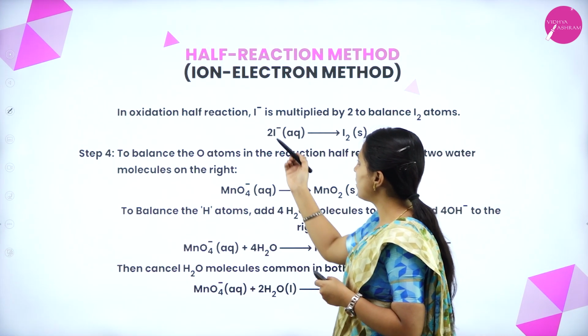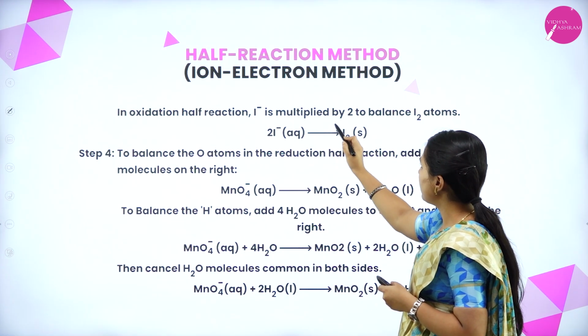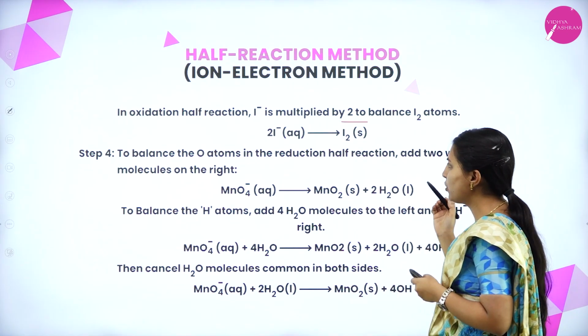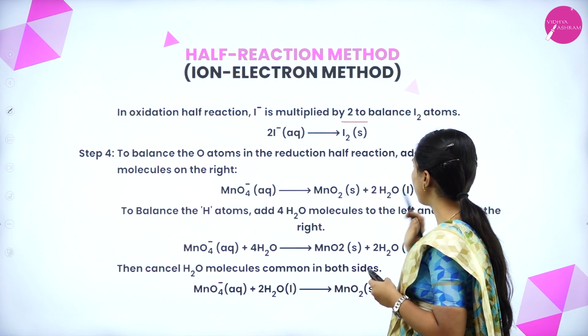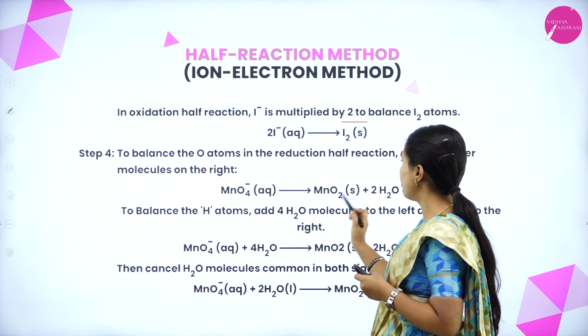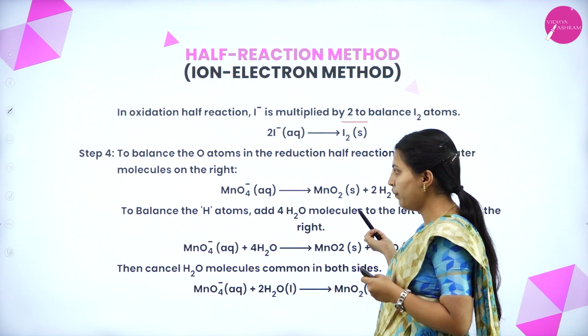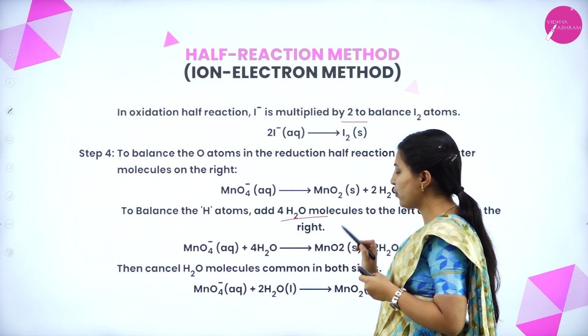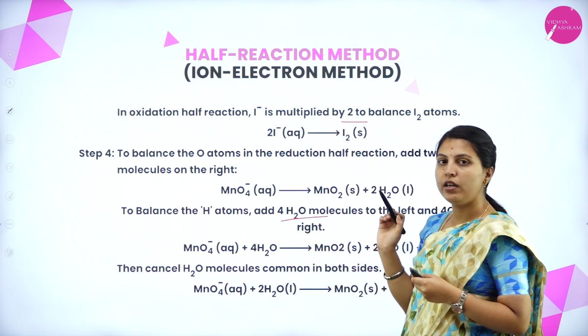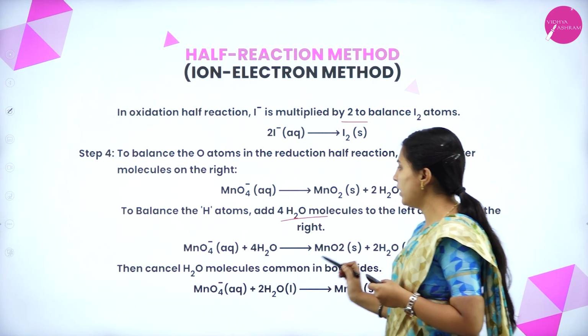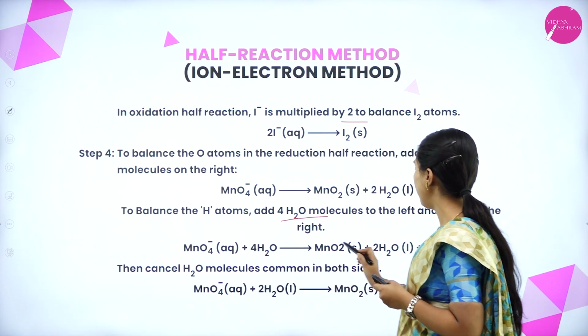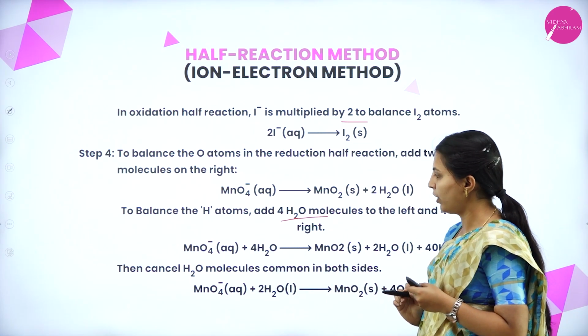For that, in the oxidation half reaction, I- is multiplied by 2 to balance I2. And next, to balance oxygen and hydrogen using water molecules, MnO4- forms MnO2 plus 2H2O. Now to balance hydrogen, 4H2O. This is a basic medium, reacting in basic medium. So here also water molecules will be used: MnO4- plus 4H2O gives MnO2 plus 2H2O plus 4OH-.